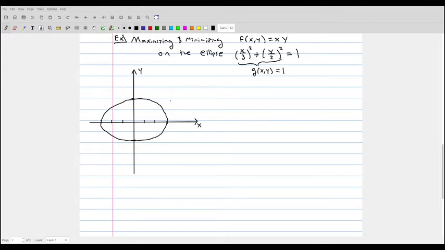This is the equation g of xy is equal to 1. And then we'll also draw the level curves of this function, which are going to correspond to the following. At (1, 1), this function is 1. At (2, 1/2), this function is 1. And at (1/2, 2), this function is 1.